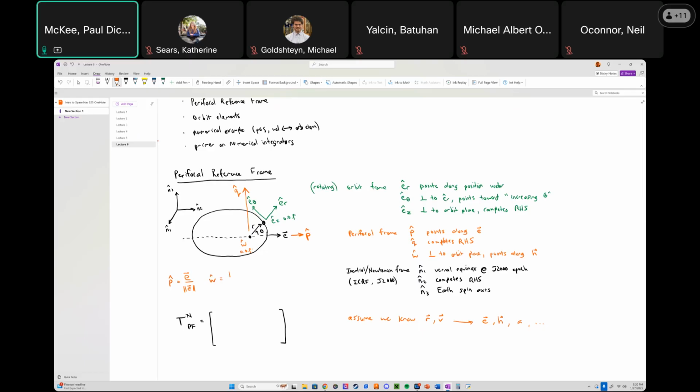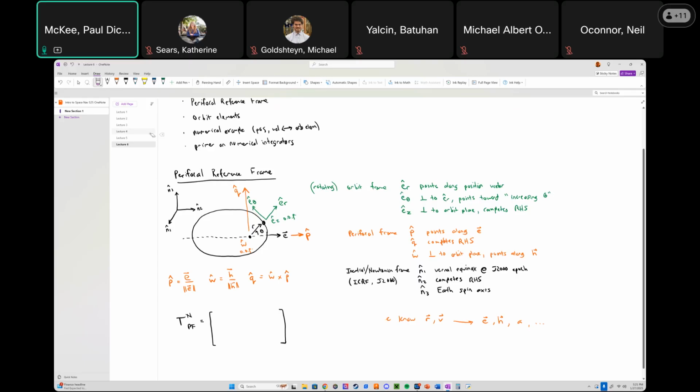So we just normalize that. Q, on the other hand, doesn't come nicely out of any one particular thing, but we already have two of these. We know it completes the right-handed system. So Z cross X is Y, right? So in this case, it would be W crossed with P.